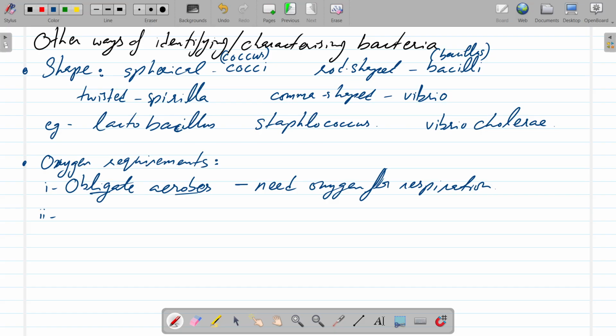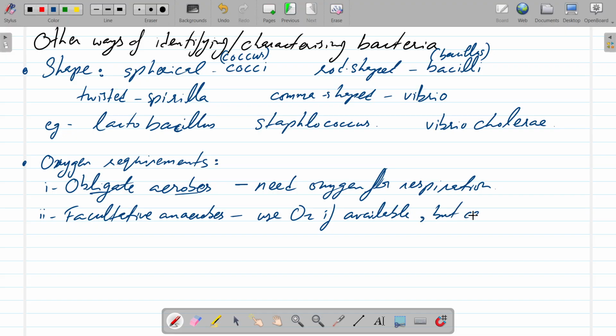Then you have the facultative anaerobes. So these guys use oxygen if available, right? But can function normally without.